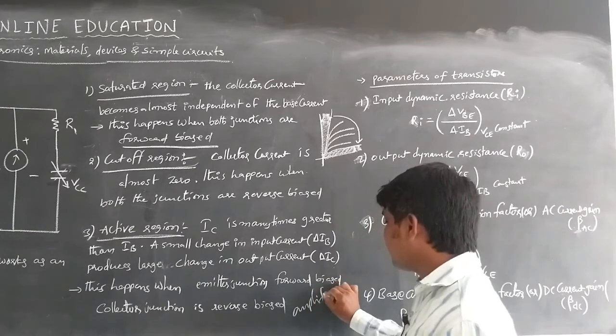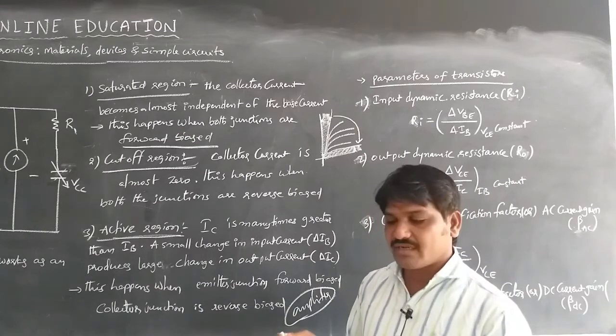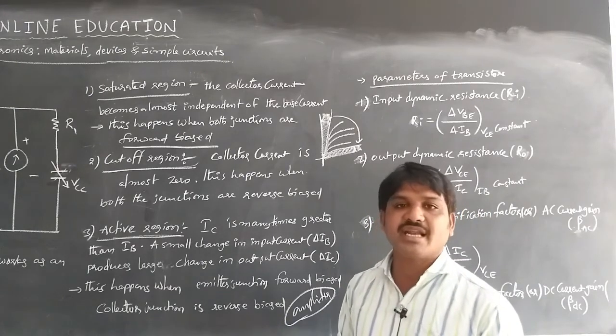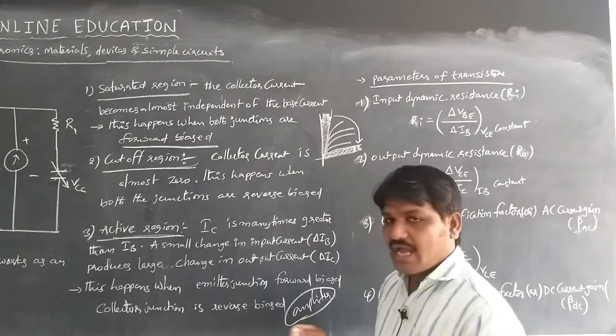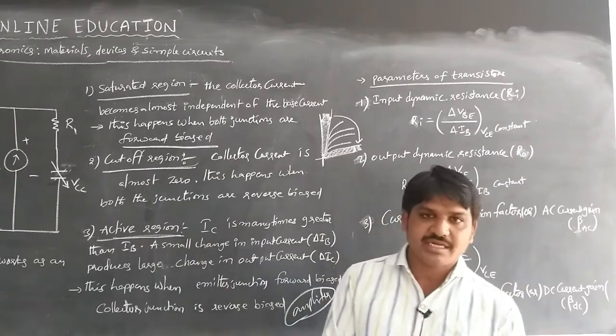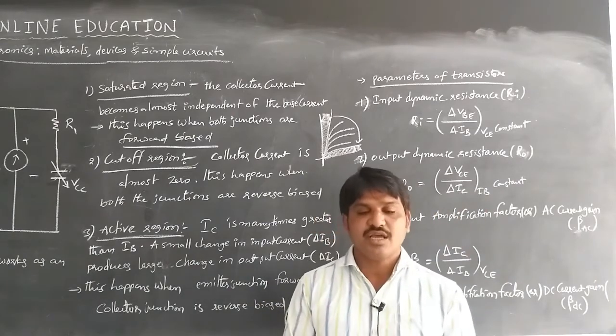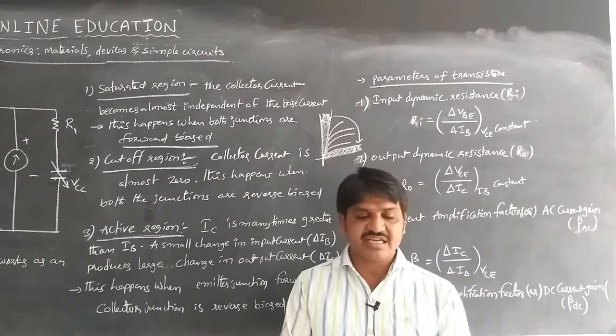Whenever the transistor is operated in the active region, it acts as an amplifier. From the input characteristics and output characteristics, by taking these values we can get the parameters of the transistor.